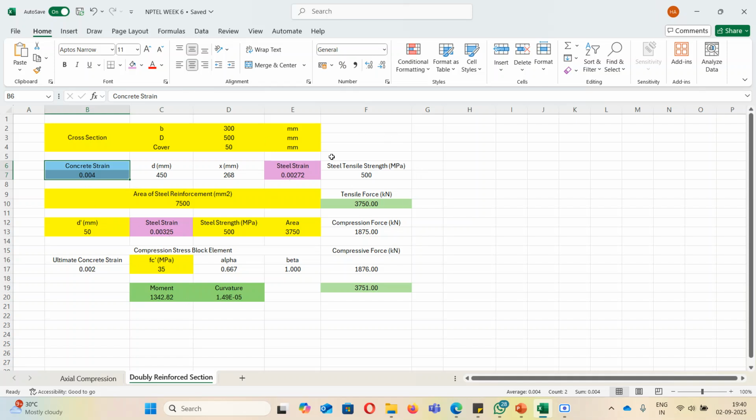A lot of interpretation you can get from this sheet. And what is the effect of area of reinforcement, you can check. What is the effect of area of compression steel, like in this case, you can check. What will be the effect of changing the depth of neutral axis, that also you can simulate on your own. Suppose instead of giving a cover of 50, I gave a cover of 75, then how the things will change, that also you can check.